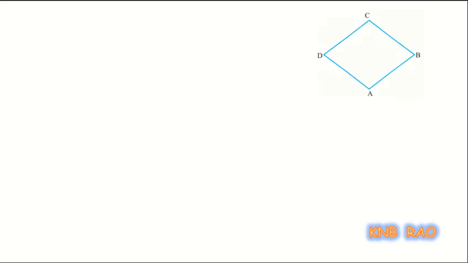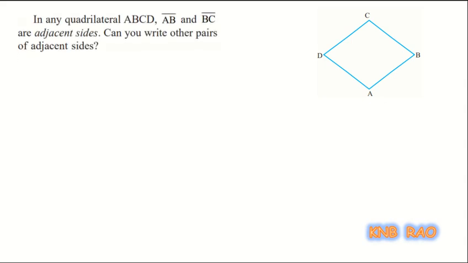Now, coming to another, this quadrilateral ABCD, AB and BC, which have got a common endpoint, are called a pair of adjacent sides.